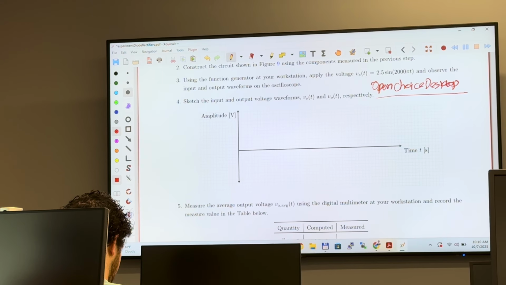What it does, you can actually extract the plot that you see on the scope right in your computer. Okay? And you can paste that plot. You can modify a little bit, for example, the background, and you can paste that oscilloscope plot in your lab report. Okay? So that looks nice.